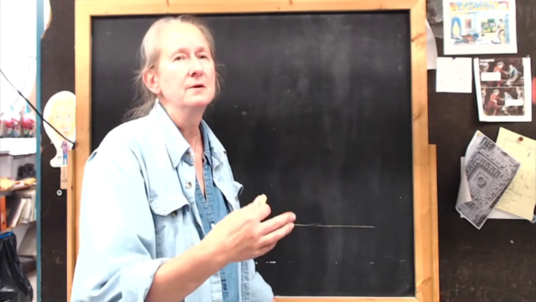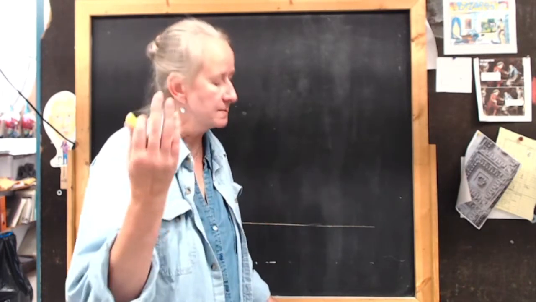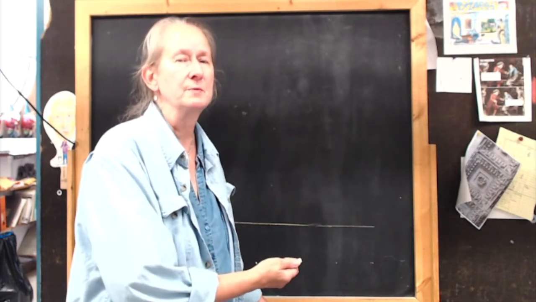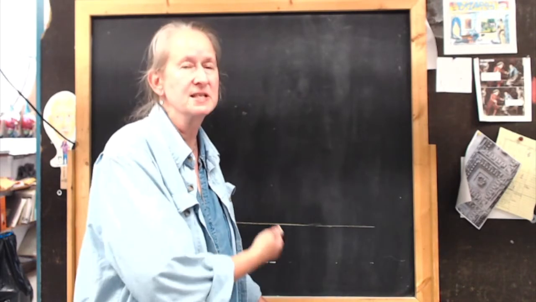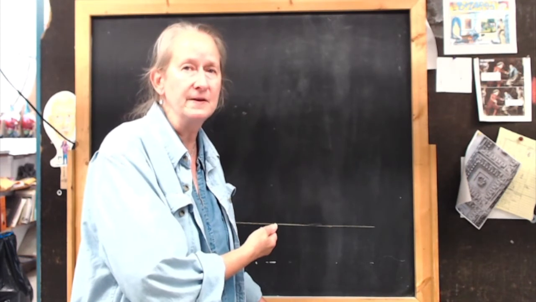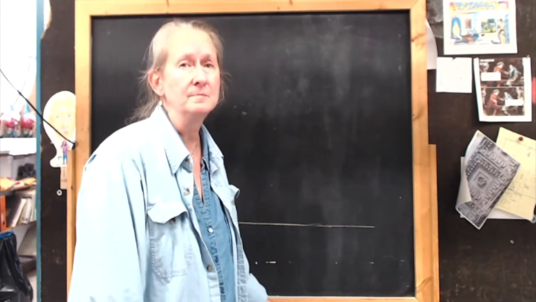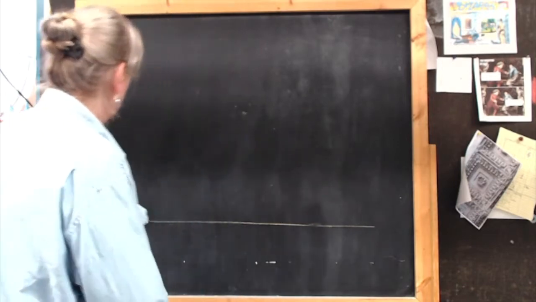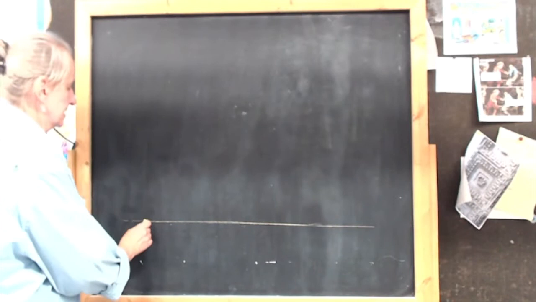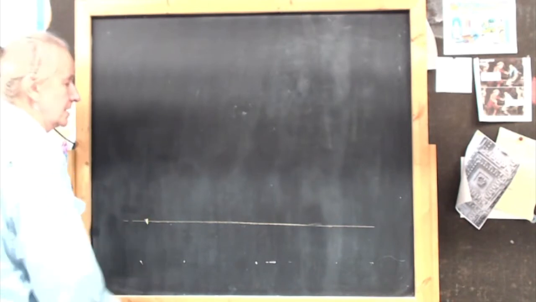So 3 times 5, 15. That's a pretty good projection of a perpendicular line, and then you can just extend out that last 5 feet with a snap line or with a line stick. All right. So we're going to find a point that is perpendicular to this point here on this line.